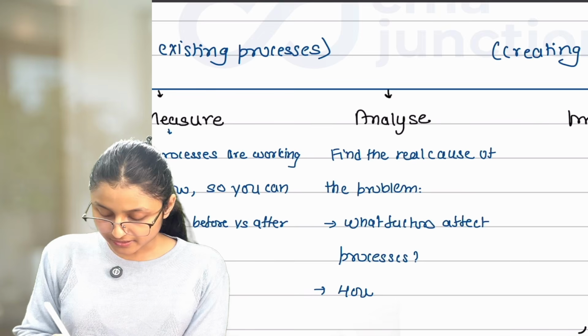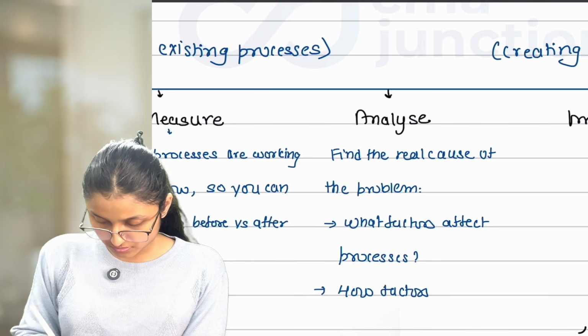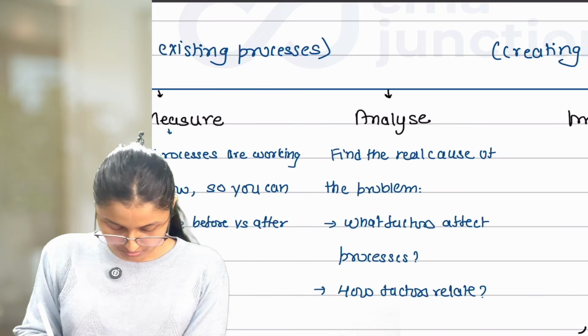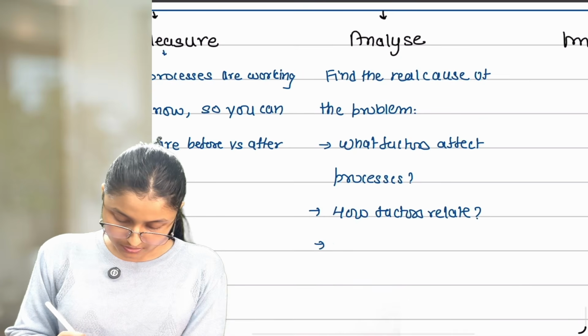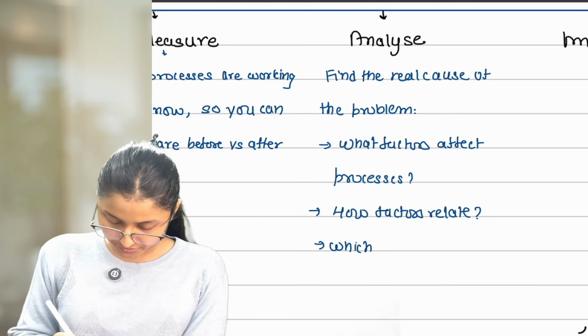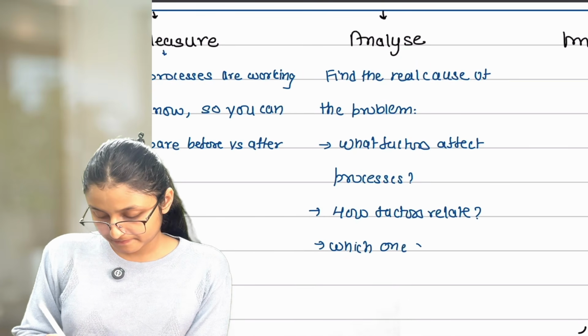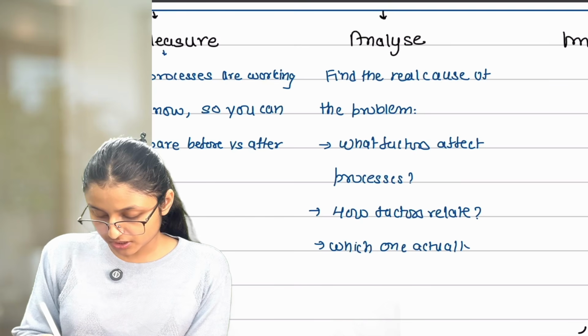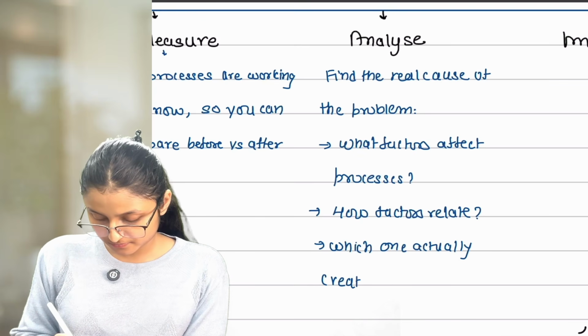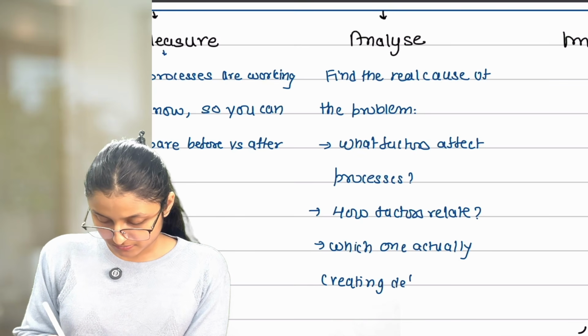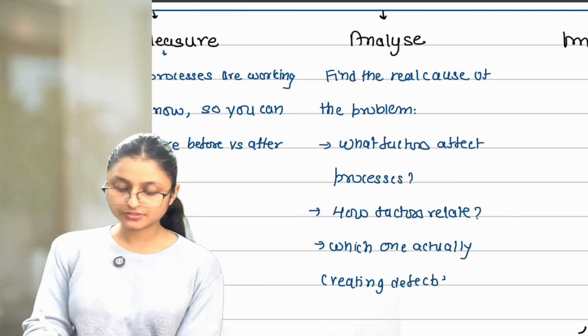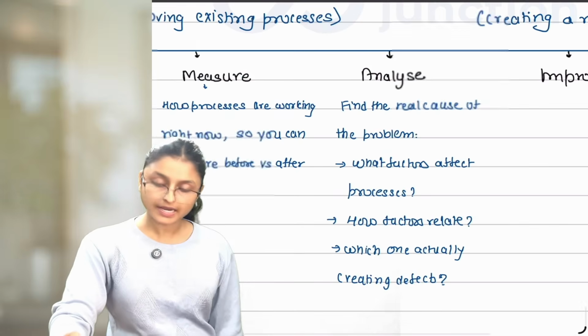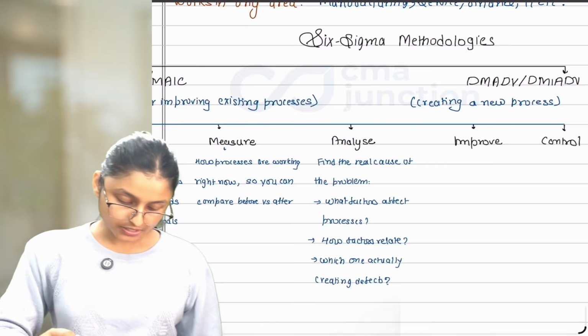How are factors related with each other? Then check which one actually creates defects. Which factor is the one which is actually creating the defect? So we are doing analysis to find out the real cause behind the problem and then we'll improve it.